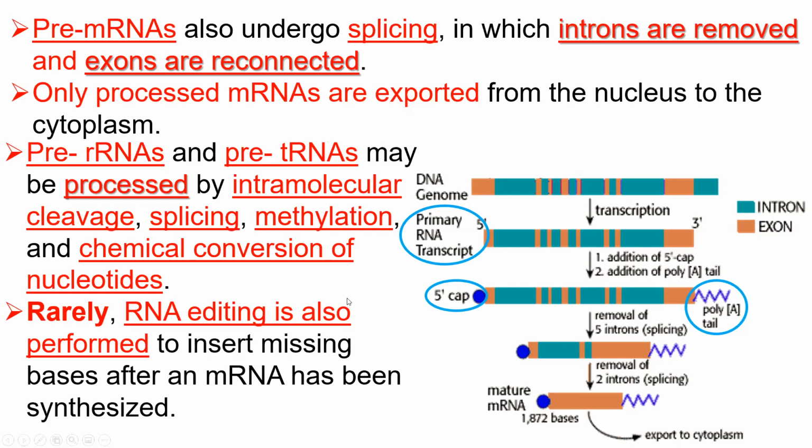In eukaryotes, there is something called processing, and this slide is so important. It tells you that as soon as the transcript is formed, we call it primary RNA. It is not ready yet for translation unless some modifications happen.